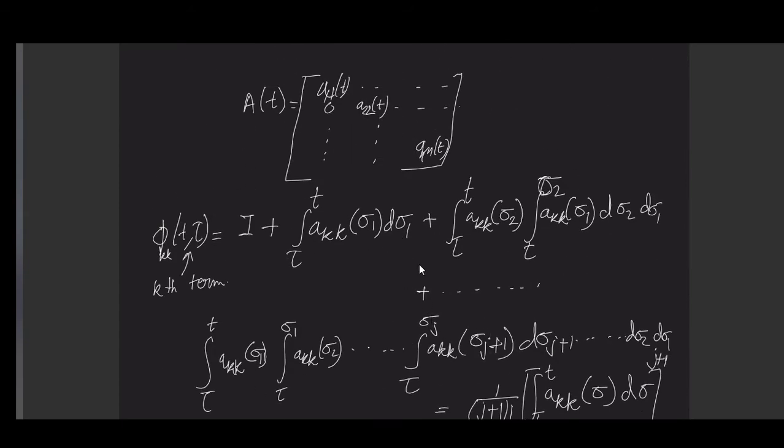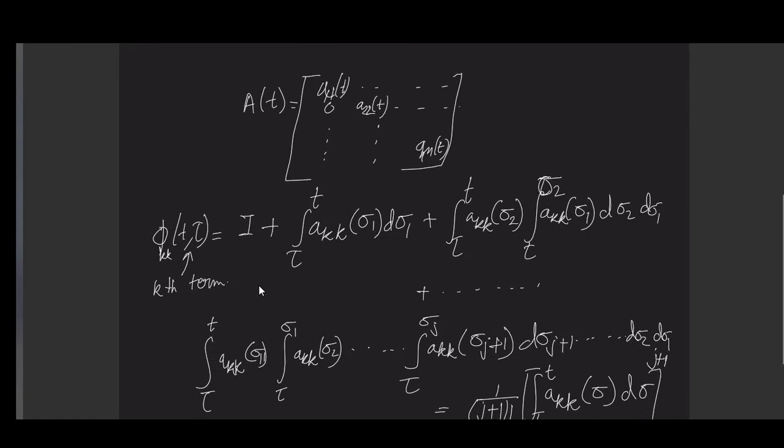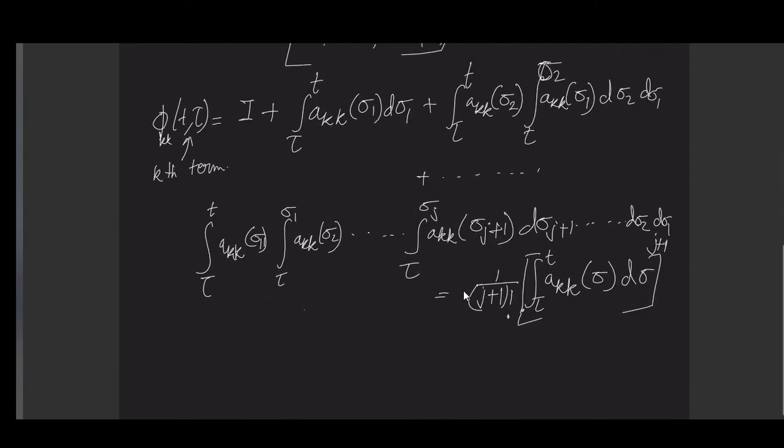There you must be able to see that for this kind of diagonal structure, the kth term of our diagonal matrix phi will be like this. So the one which I have shown here will take this kind of shape, right?